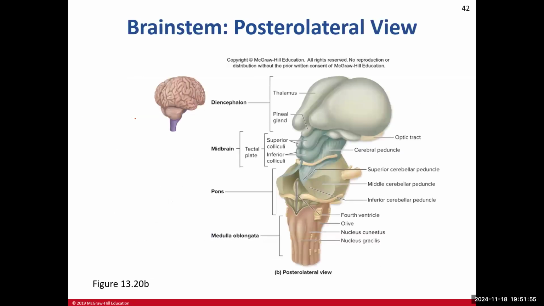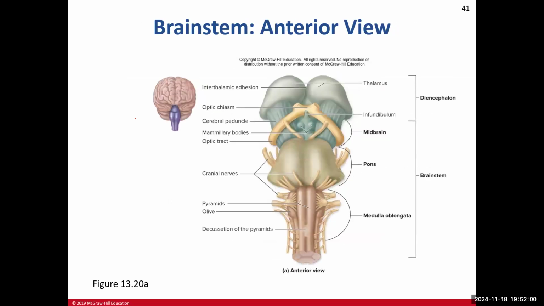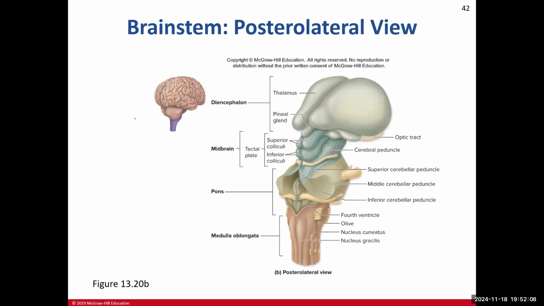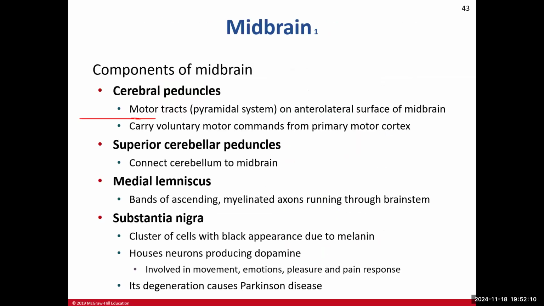Here you can see this cerebral peduncle. I'll show you on the anterior view. It's like these striated structures here. That's the cerebral peduncles. And that's where a lot of motor output information is going to travel down, specifically voluntary motor. Okay, so skeletal muscle commands are going to travel through that region.